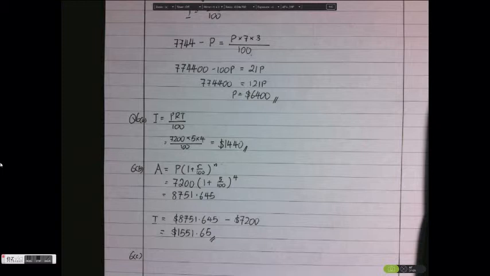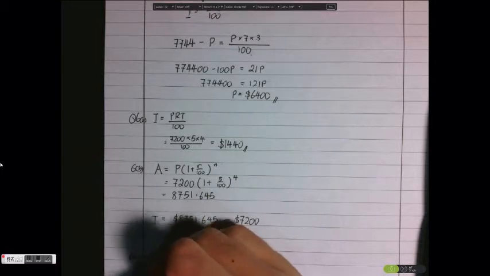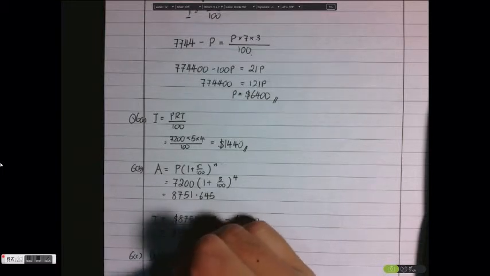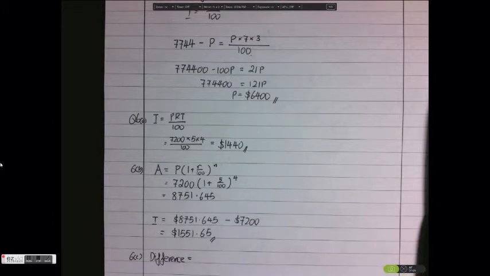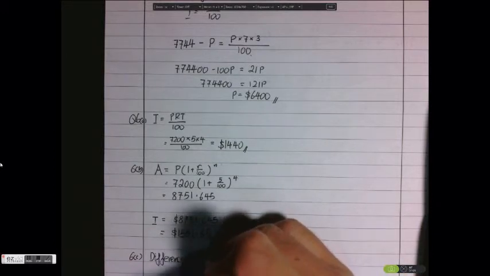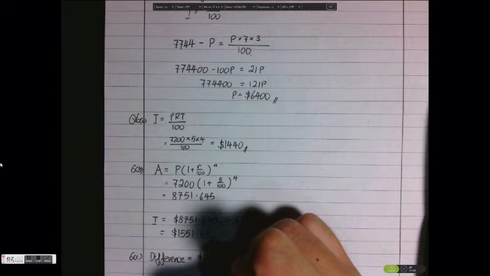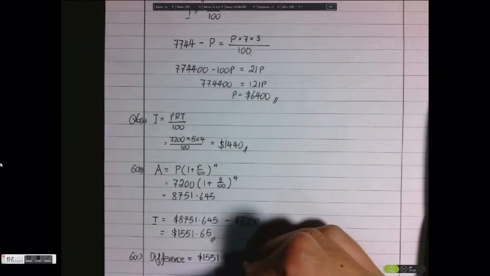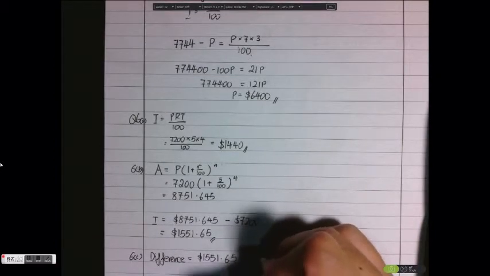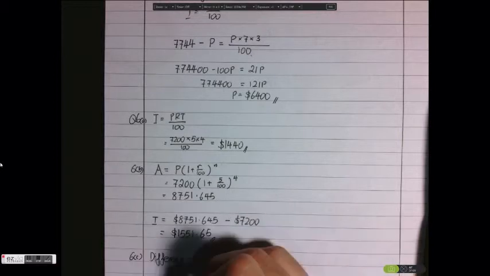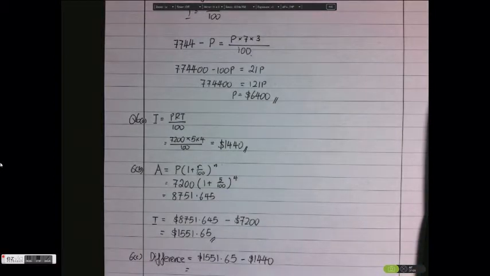The difference is equal to 1551.65 minus the interest gained from simple interest, which is 1440.